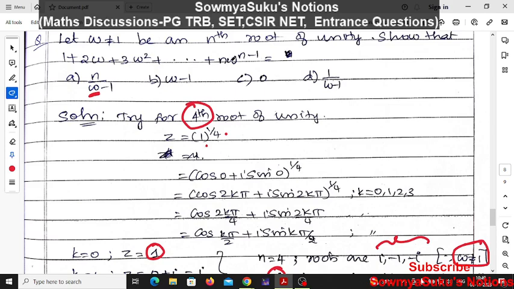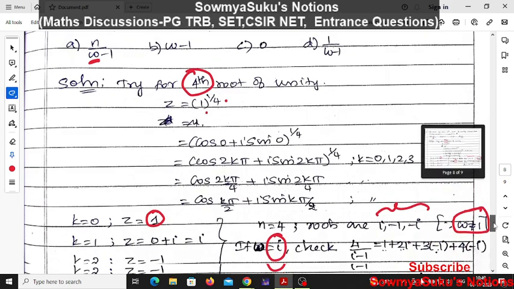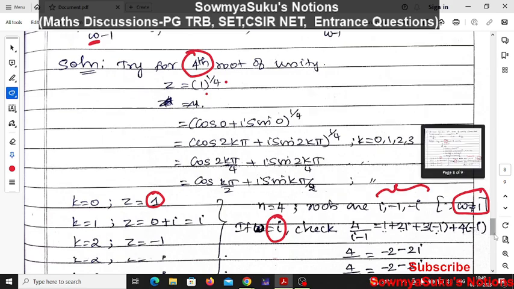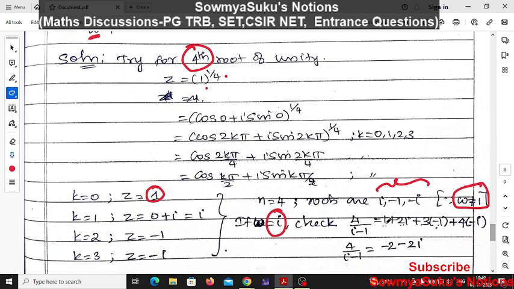Then here 4i power 4 minus 1, that is 3. Okay, so that you can see here 1 plus 2i plus 3 into minus 1 plus 4 into i cube, that is minus i. So that here you can see that 1 minus 3 is minus 2, then this minus 2i.